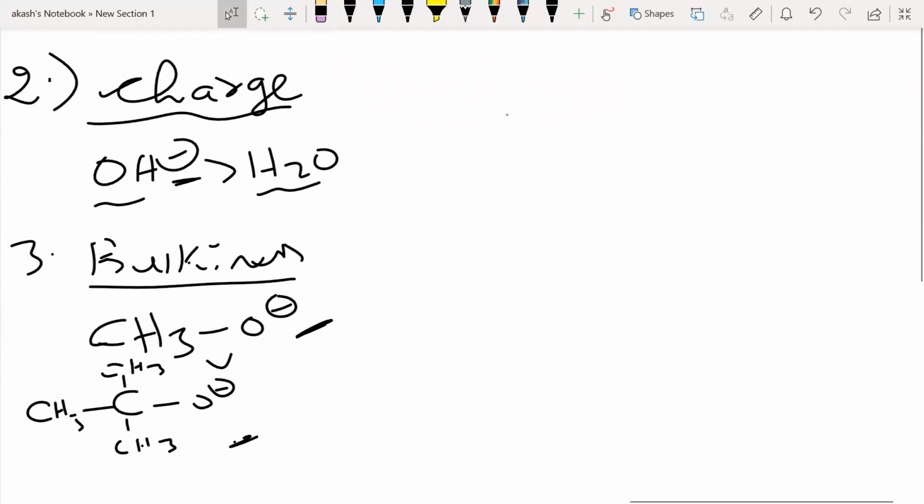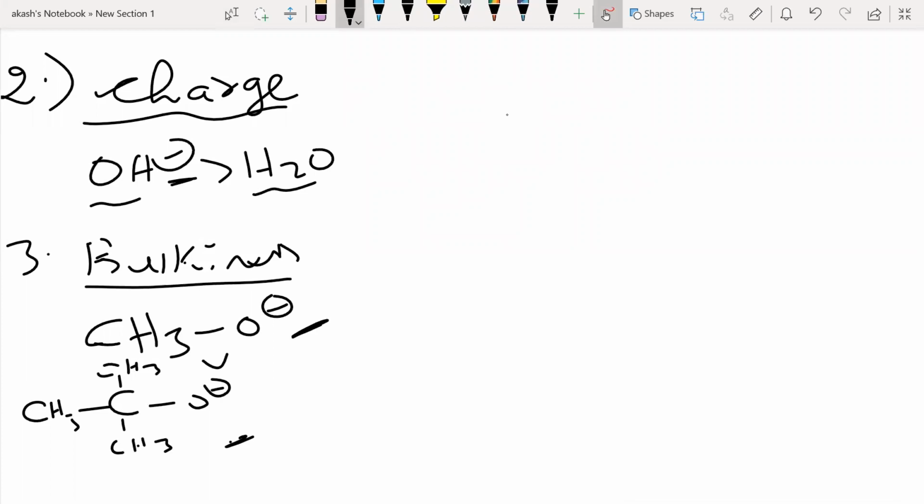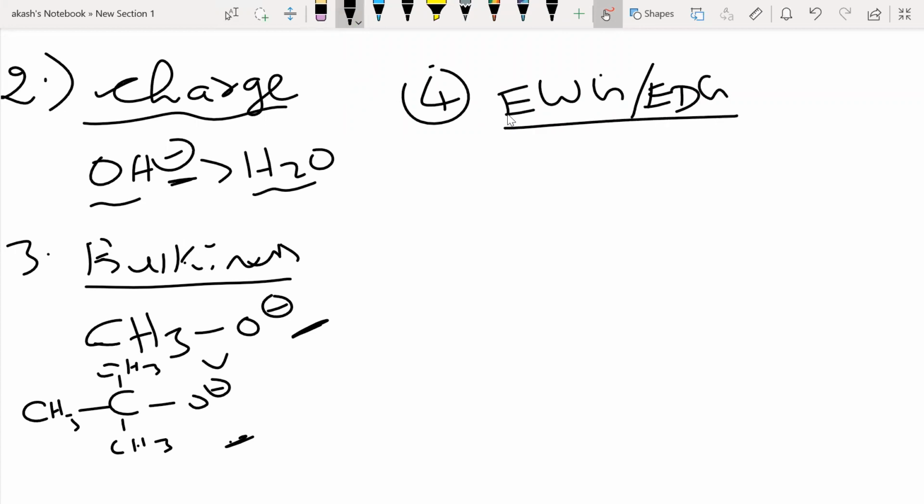And I would say a fourth criteria. So the fourth criteria is the presence of electron withdrawing groups, or electron withdrawing or electron donating groups for that matter. Okay, how would I give you an example? Something like this.